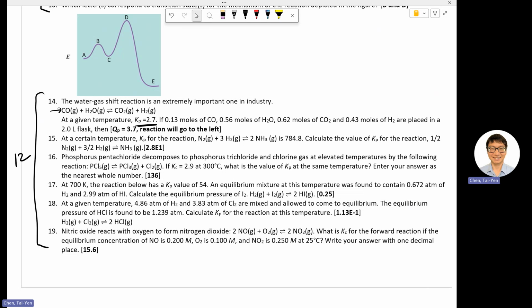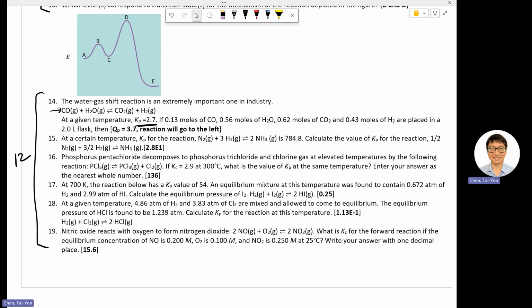You're going to see multiple options, and it's going to show these things called QP. If you see QP appear in your questions, 100% it is a question that asks you to compare your QP to your KP and predict where the reaction is going to move.